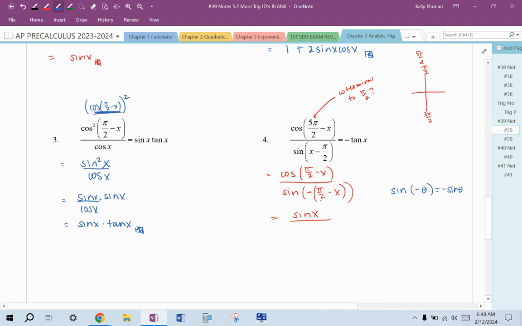And theta equals this expression in this case. So we should take this negative sign and pull it out front. Negative sine of pi over 2 minus x. And now that's negative cosine. So sine x over negative cosine x. And we're trying to show that we get negative tangent x. So just one final step to show that that's negative tangent x.